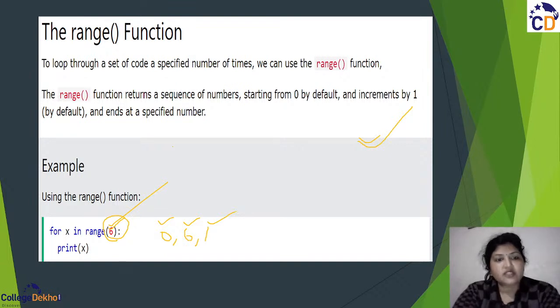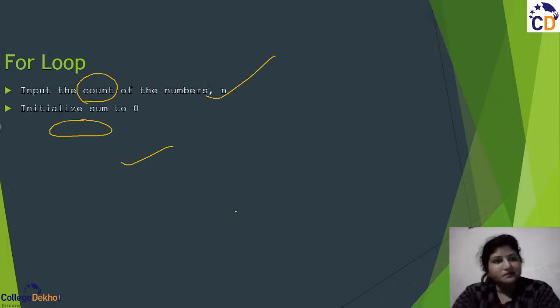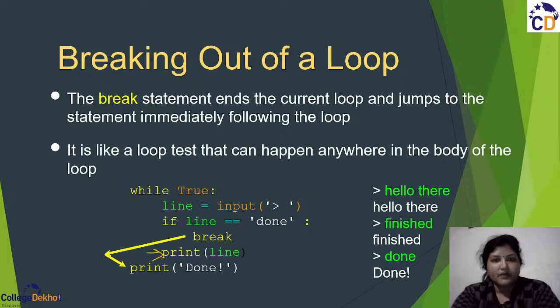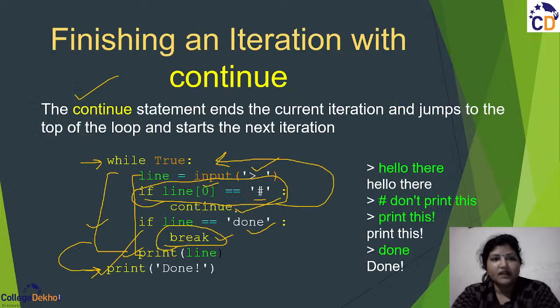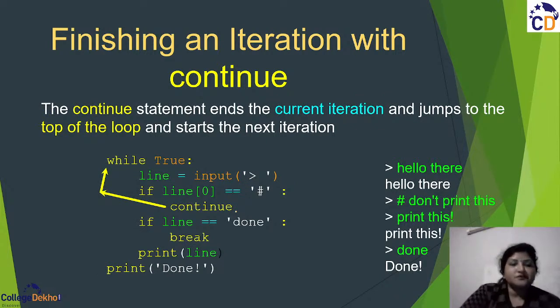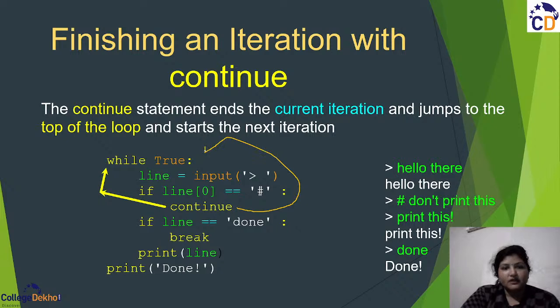So these are the things that we have in our looping concept. This is the pseudo code that we have understood, and then we have the break statement, then our continue statement, and let me explain you with this also. Whenever we have the continue part, it directly comes to the top of the loop.